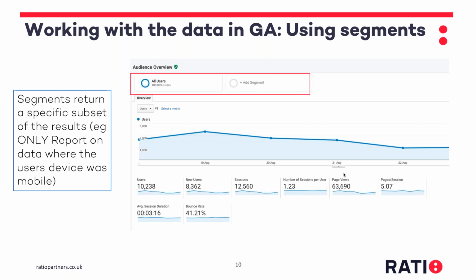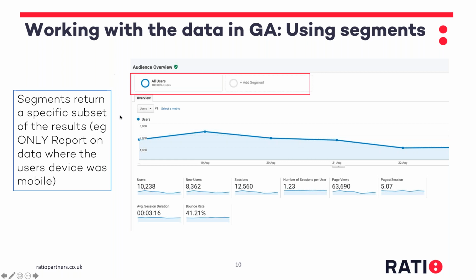So the first is literally when you're looking at a report in Google Analytics, you probably have noticed that there's this bar up the top, or this banner up the top, which has all users highlighted, 100% of users, and then it's got another grayed out box next to it saying add segment.